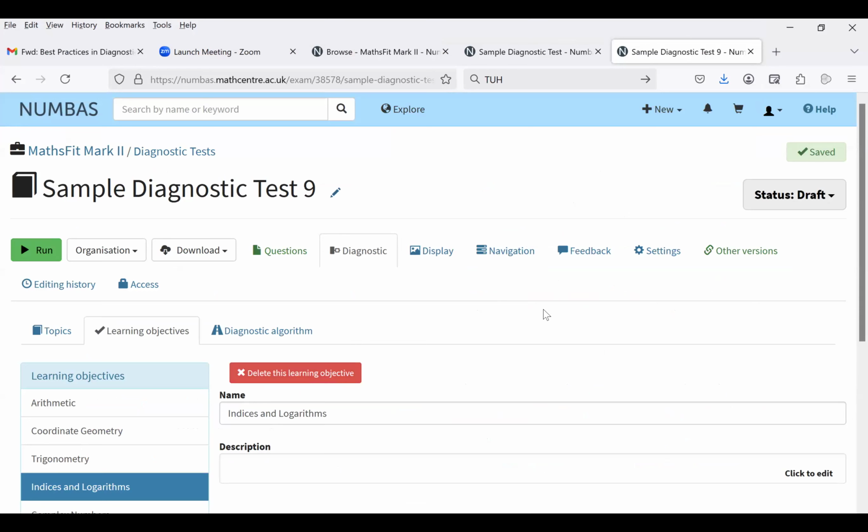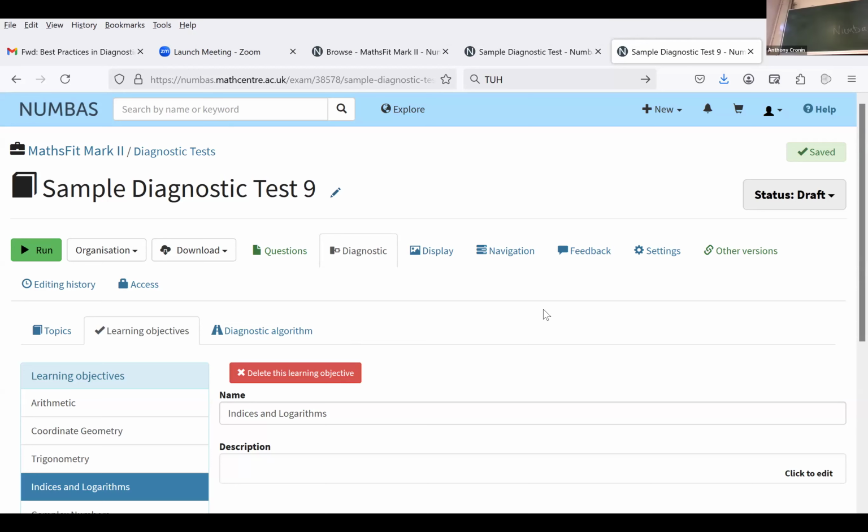technically a Numbas exam, but it's really a network style thing where a student does a particular question, and then they're brought on to another question that you determine in the network. So I assume, Don, sorry, I couldn't listen to your talk earlier, but I'm assuming this is what you talked about, Don, was it?